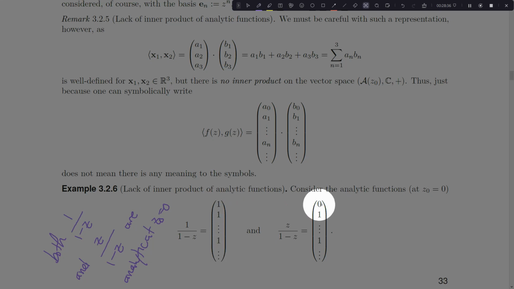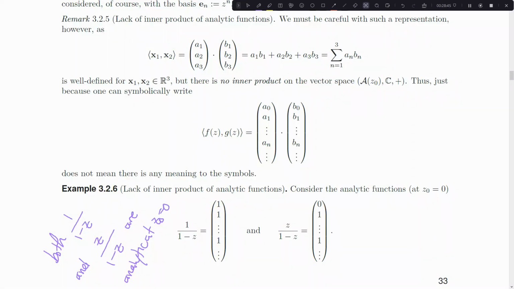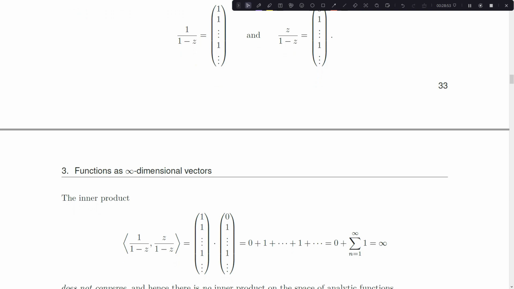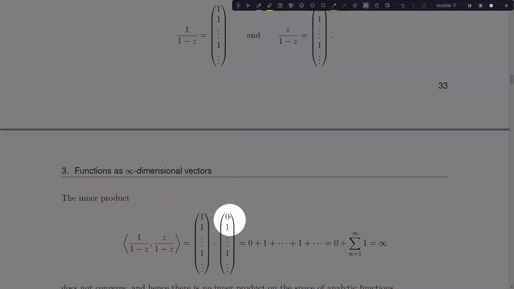In the second case, it's the vector which only has a 0 in the first entry, and the rest of the entries are all ones. But I don't have any notion of an inner product of these vectors. If I tried to take the inner product, I would end up getting an infinite sum: 0 plus the sum from n equals 1 to infinity of 1, which is infinity.